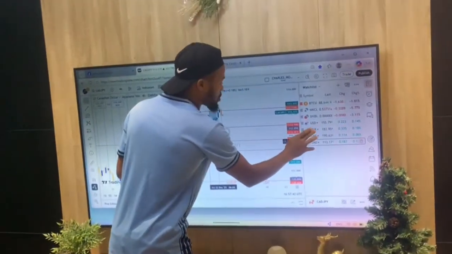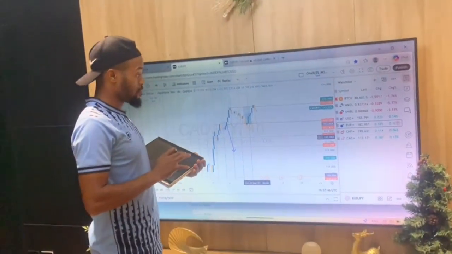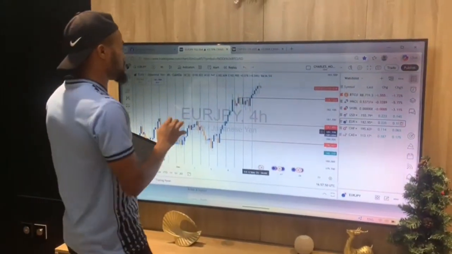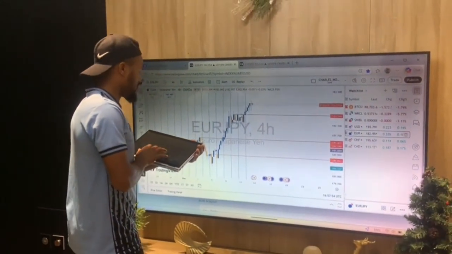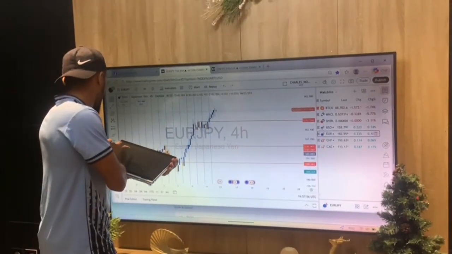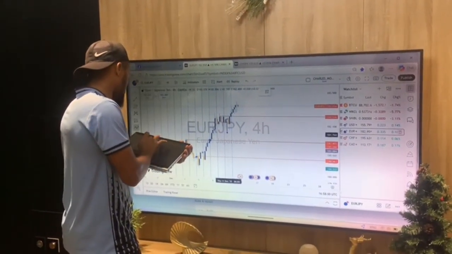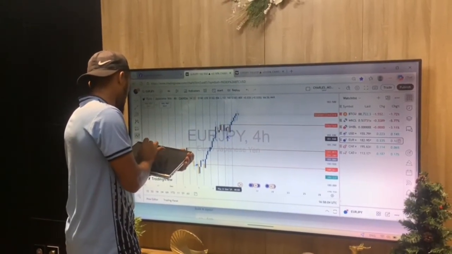Let's go over to Euro JPY. The same thing too. I'm seeing a buy setup, but before then I will wait for the market to give me a structure like this.